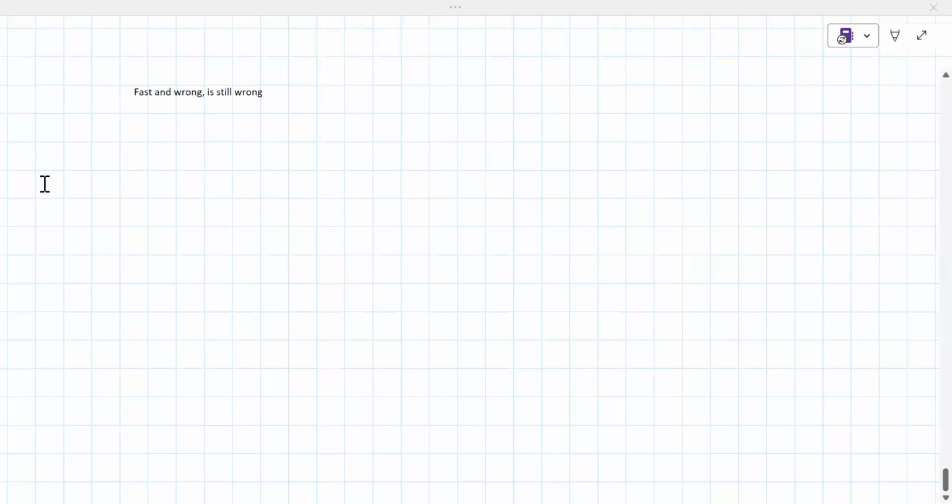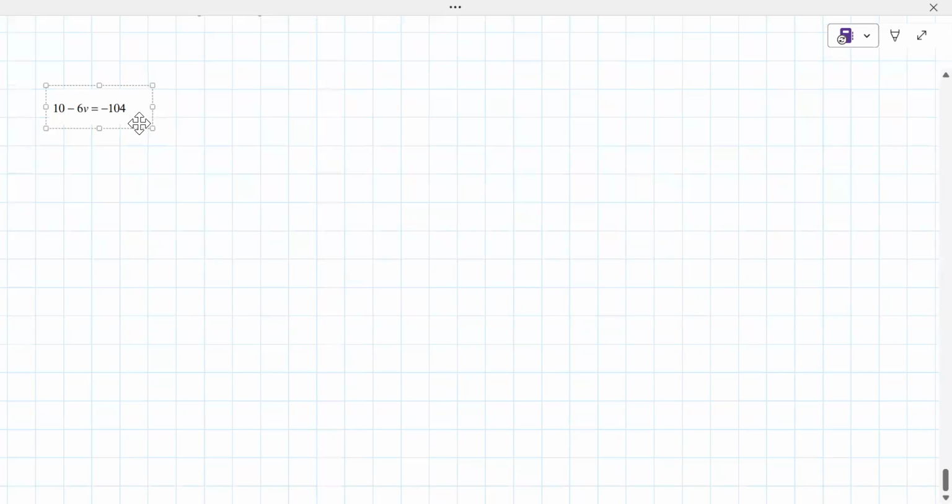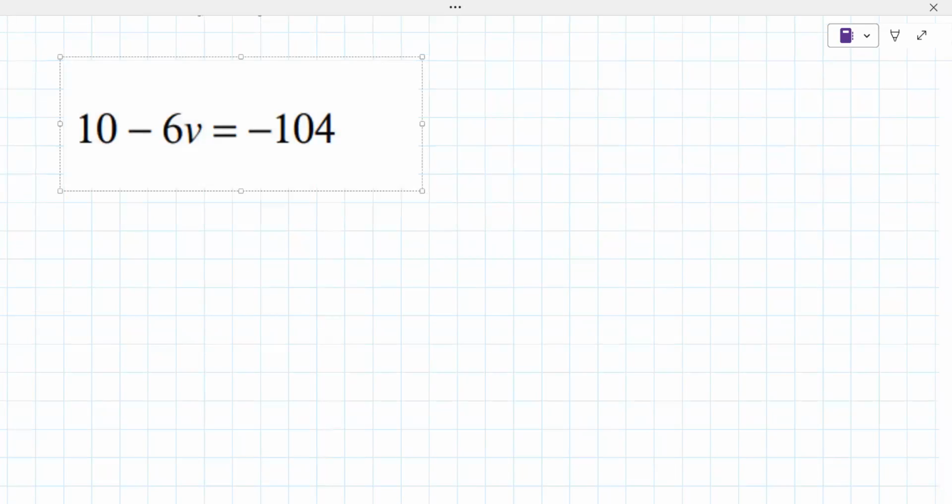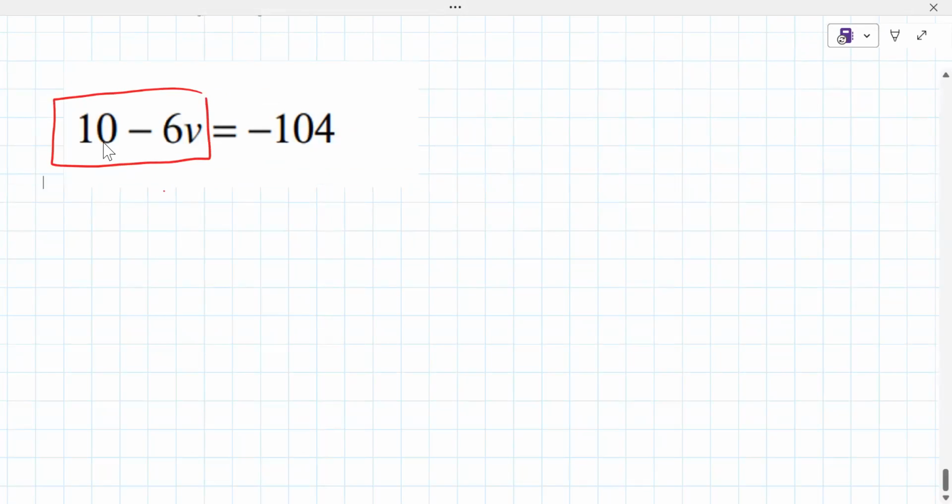So, I'm gonna have you talk me through this question. We're gonna first look at the side with the variable here. What are the two math operations that you see? Subtraction and multiplication. So I agree with the multiplication, but this is really plus 10, even though it's not written that way.